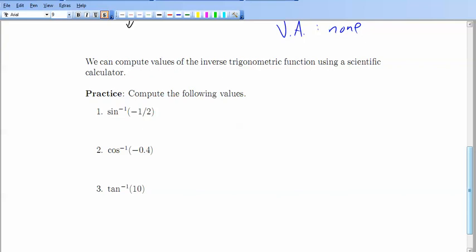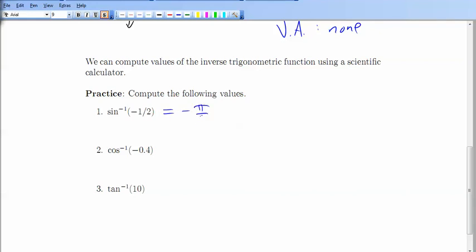Okay? I know that for the output, if I've got a negative sine ratio according to the cast rule, I'm going to get an output whose terminal arm is in the 4th quadrant. So I'm going to get a negative angle, and if I think of an angle that has a sine ratio of +1/2, I'd get pi by 6. Okay?